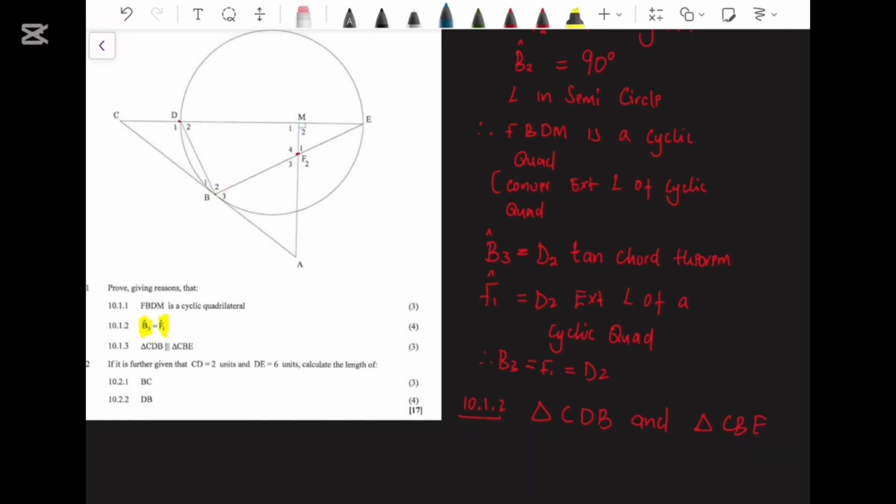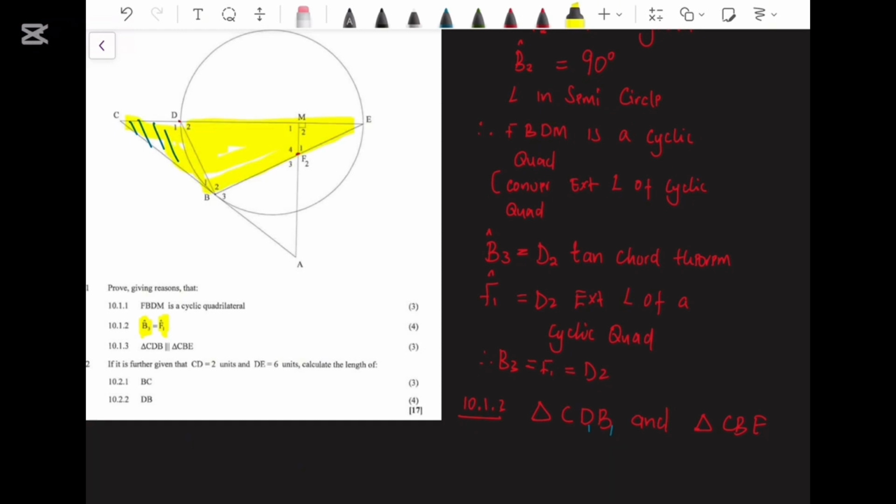So we have triangle CDB. Here is triangle CDB. So basically here they are talking about the entire C, D1, and B1. And triangle CBE, where is CBE? This yellow triangle here.